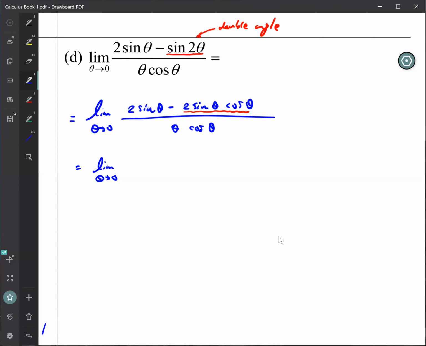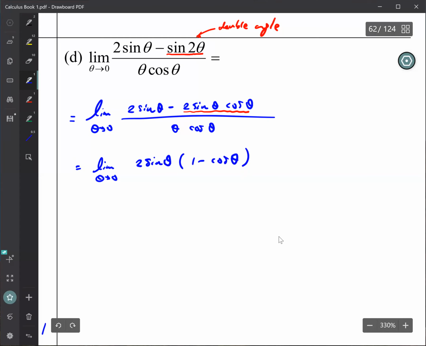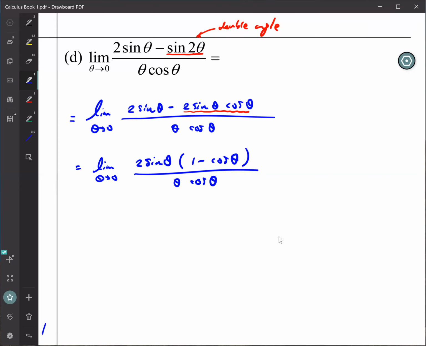What I did was I took out a 2 sine theta. Okay, that's good. Take out 2 sine theta. What's left? 1 minus cos theta over the same thing. Okay. So by now, once you get here, that should pretty much tell you what you need to do.